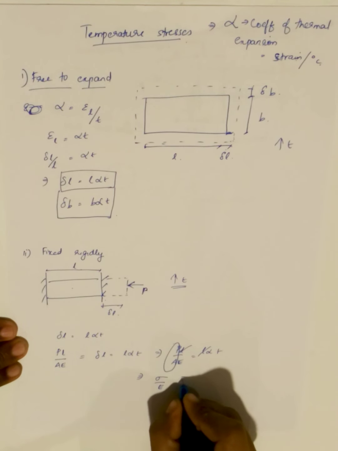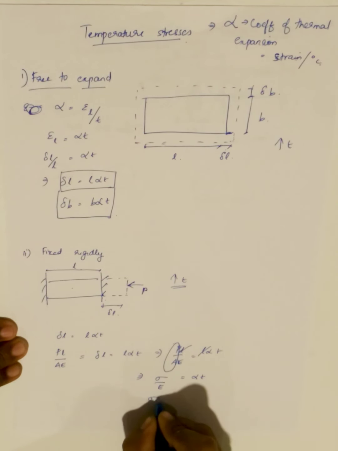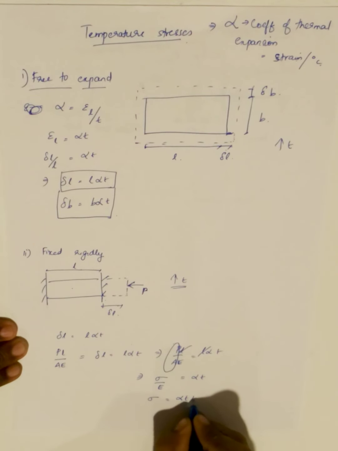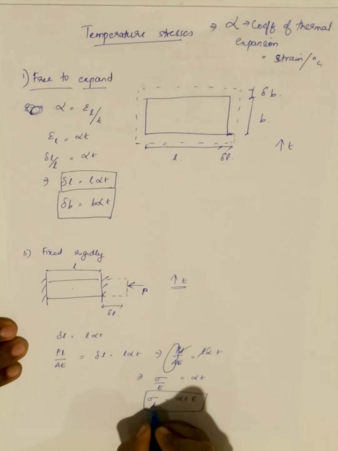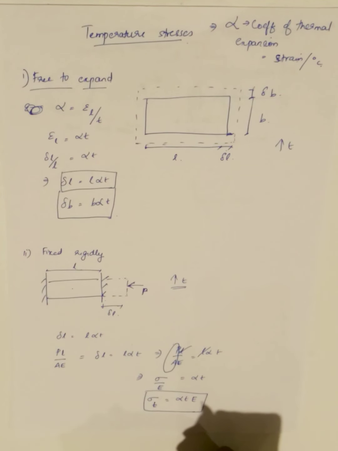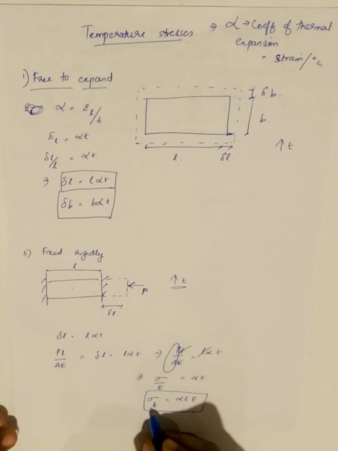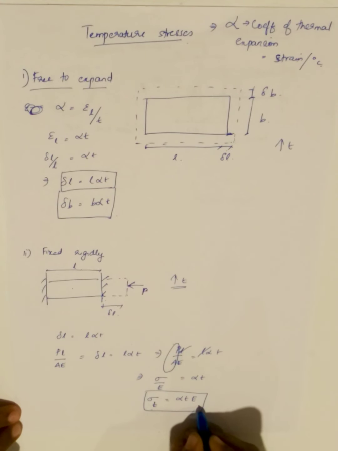Stress by E is equal to alpha T. So stress is equal to alpha TE. This is the temperature stress, because of temperature this is happening. So temperature stress is equal to alpha TE. This is our important equation.